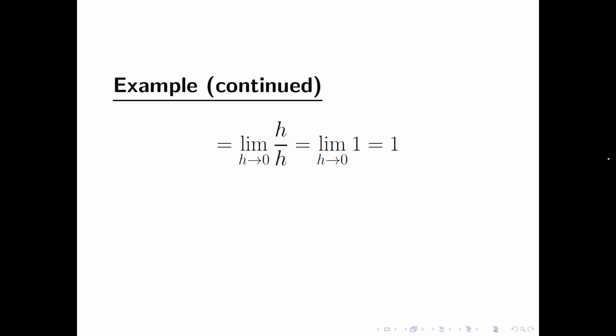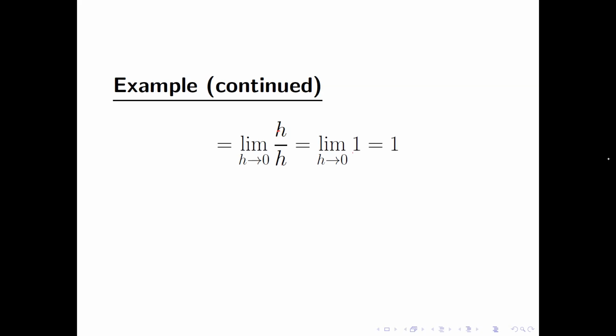So we are left with the limit when h approaches 0 of h over h. And one may see that this h will divide this h, so we are left with 1. And you have seen from the previous sections on the laws of limits that if we have a constant, the limit when h approaches 0 gives that constant back.